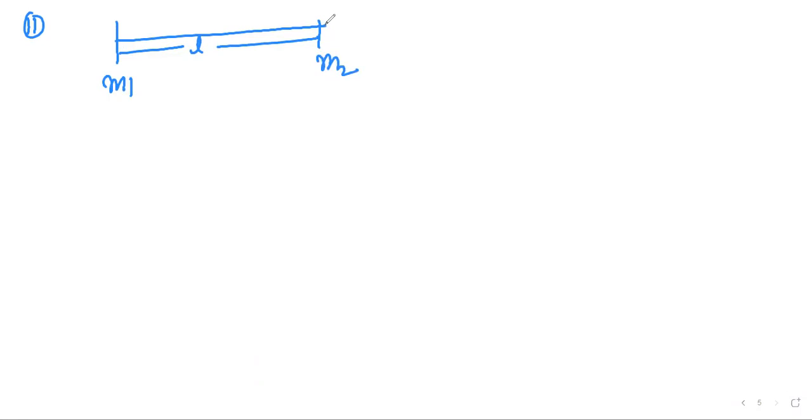The moment of inertia of the system about an axis perpendicular to the rod and passing through the center of mass. So you have to find the moment of inertia about this perpendicular axis, right? So let's see.